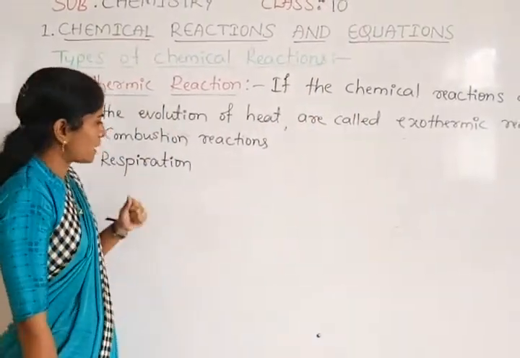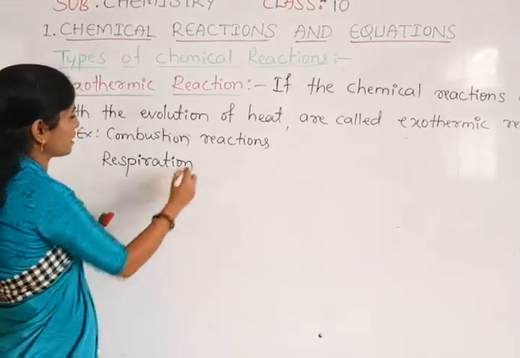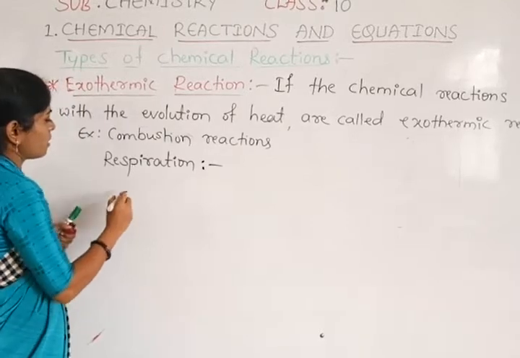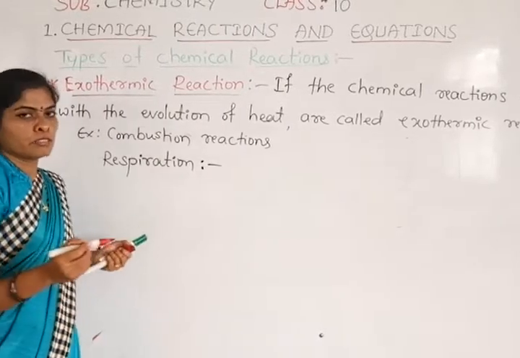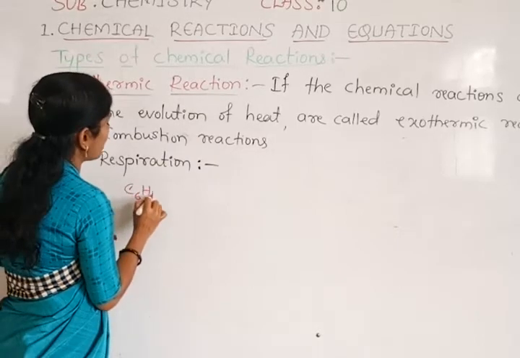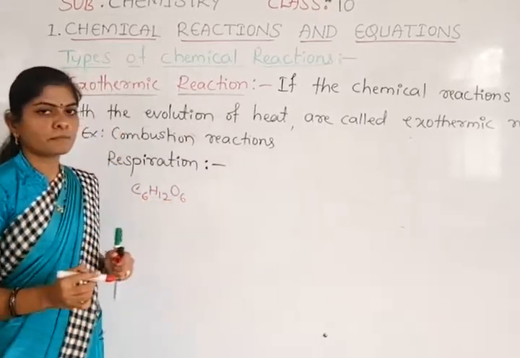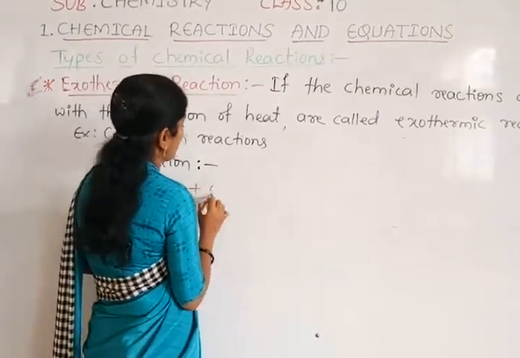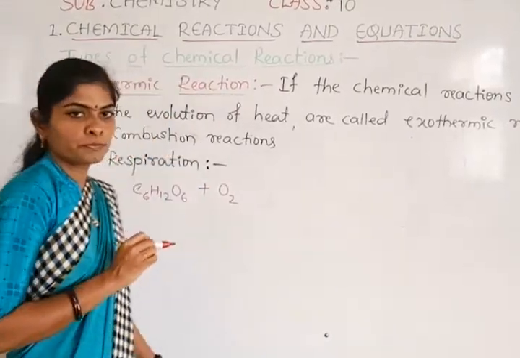So I will write the equation that takes place in the respiration reaction. The food is in the form of glucose, that is C6H12O6. When we are breathing, the major component is O2.